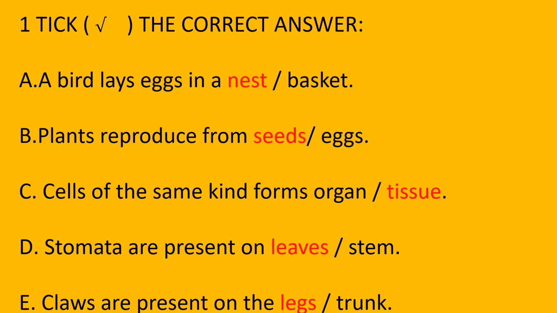Children, a human body is made up of different levels and is a very complex one. So, when cells of the same type join together, they form a tissue. So, the answer is tissue. Cells of the same kind form tissue.